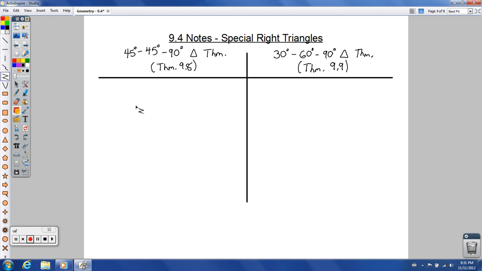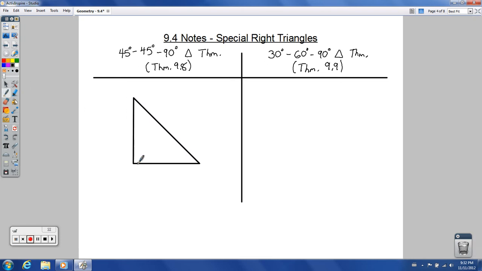We're not going to measure them absolutely precisely, but I'm going to draw some triangles that actually look like they have degree measures of about 45, 45, and 90. So this one should be isosceles if that's the case. We have these two base angles right here and right here being the same. And this is my right angle right here.